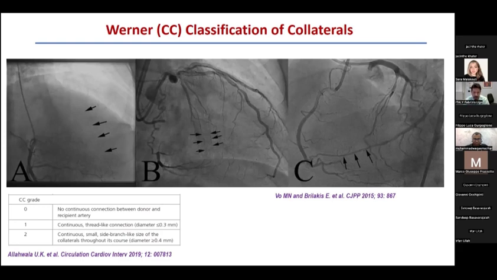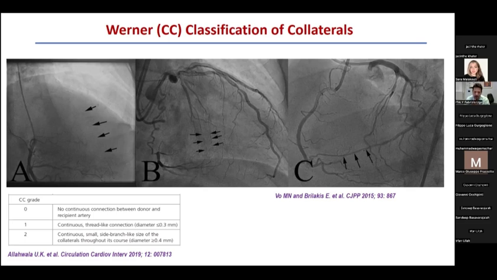The Werner classification is another classification of collateral branches. We have three degrees: 0, 1, 2. Werner grade 0 is figure A, with no continuous connection between donor and recipient artery. Werner grade 1 is a continuous connection, but the collateral connection has a diameter inferior to 0.3 millimeter.